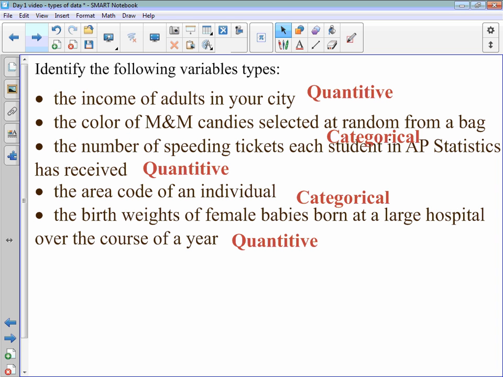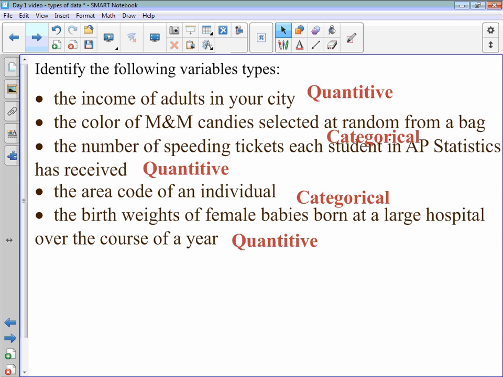The number of speeding tickets is a quantitative variable. It's the amount you can measure it. Hopefully it's 0, but it may be 1, it may be 2. If it's 3, you probably don't have your license anymore. The area code of an individual is categorical. They don't go numerically. You're in this area code or you're not. And the birth weights of female babies born in a large hospital is quantitative. It's something we measure.